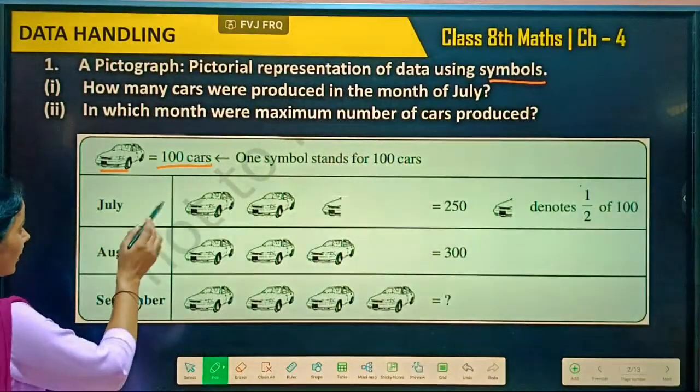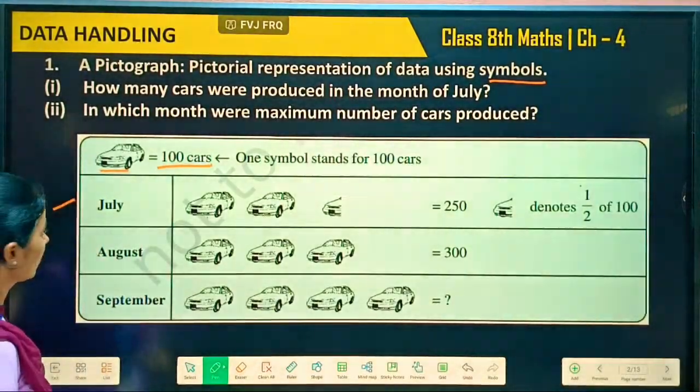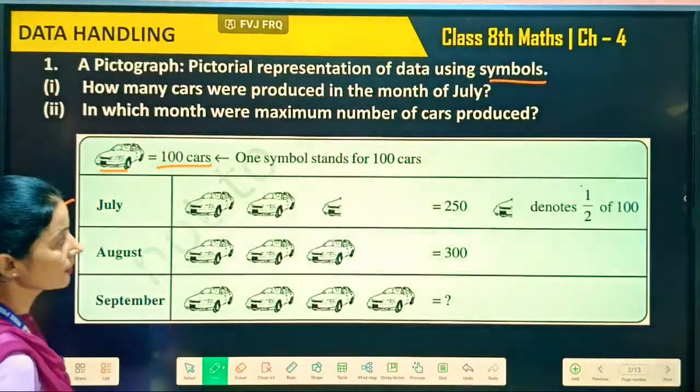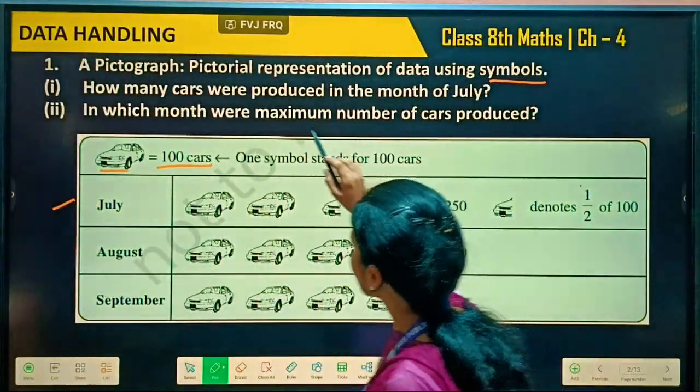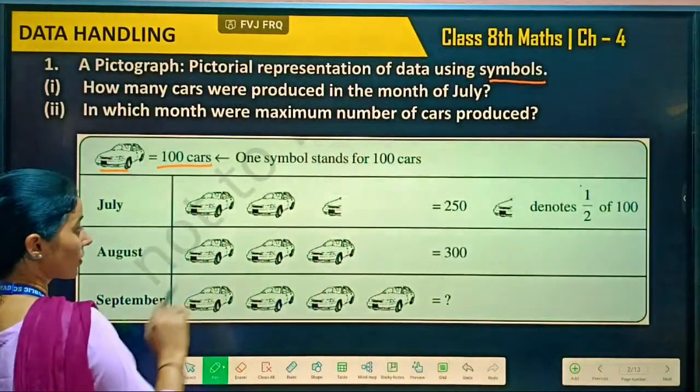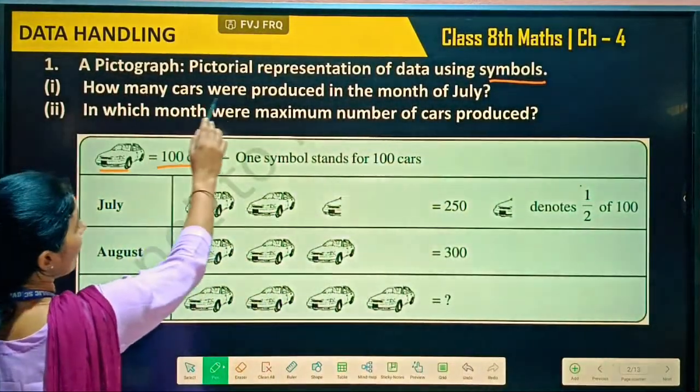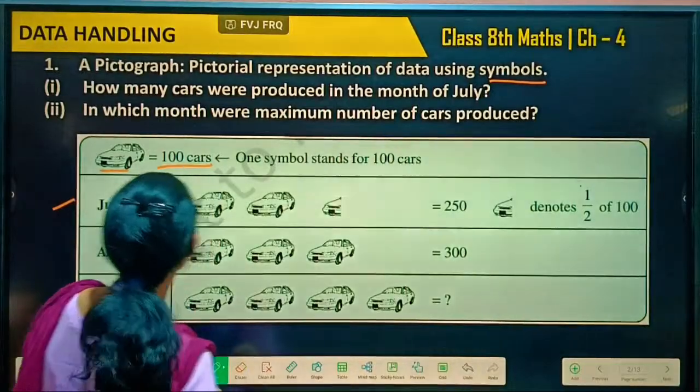Some information is given about July, August, September. Now see, what is the question? How many cars were produced in the month of July?